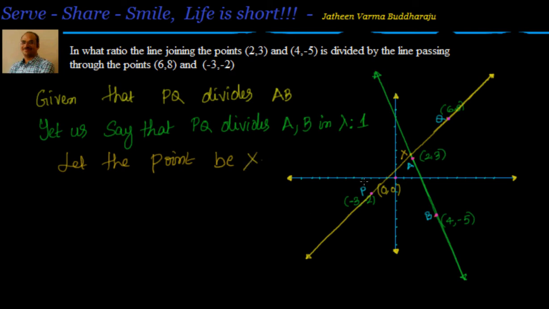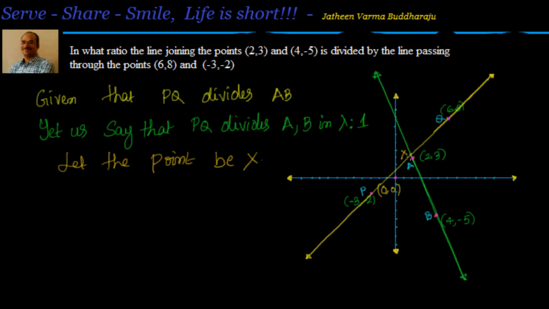Now what is our approach? Our approach is, we have been told that PQ is dividing AB. So I know the points A and B, and I can use the section formula by saying that the ratio is lambda is to 1 in which it is dividing AB, and I can find out the coordinates of X. Once I know the coordinates of X, I can find out the equation of PQ and substitute X in it, because X should be part of both AB and PQ, since it is the intersection point.